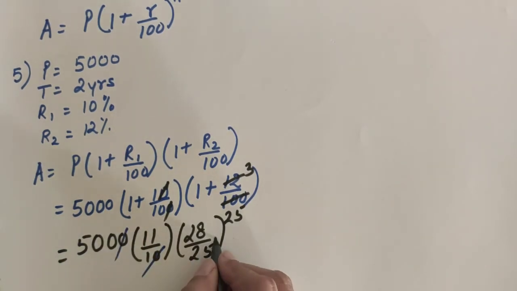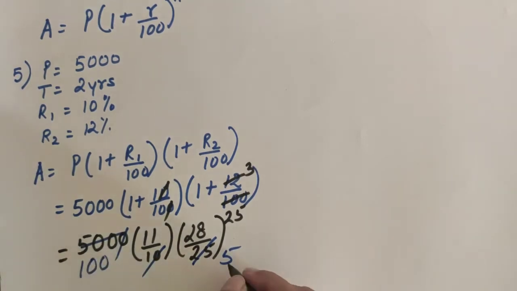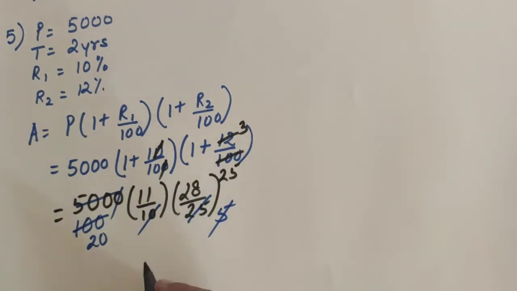We can reduce here 5, and here it is 100, 5, 20. So 20 into 11 into 28, which will give you 6,160, which is giving you 6,160 rupees as the amount.